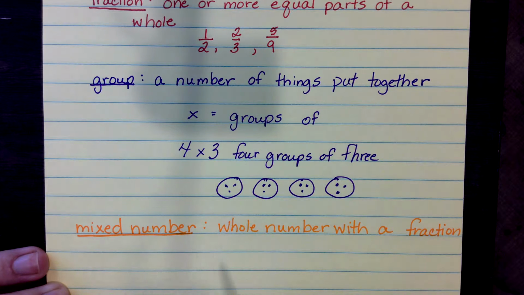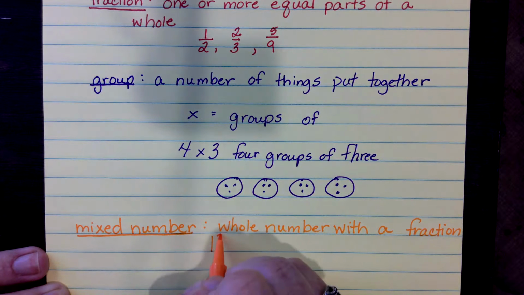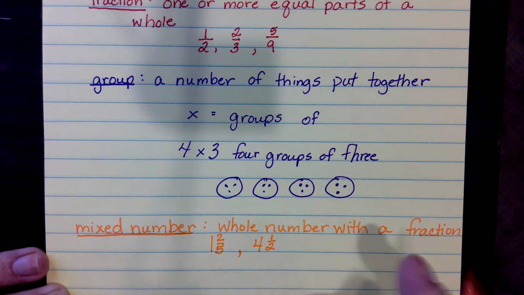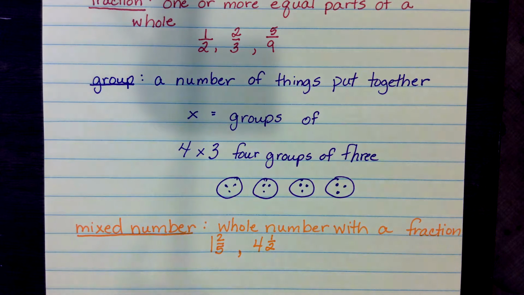An example of this would be 1 2/5 or 4 1/2. These are mixed numbers. They are whole numbers with a fraction.